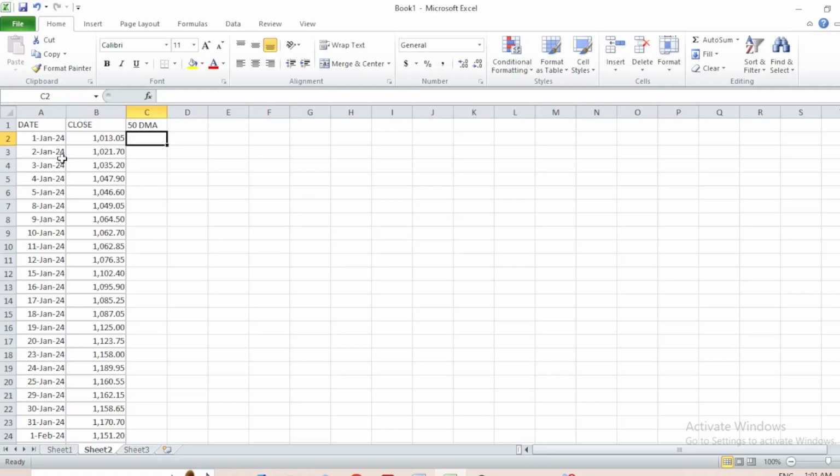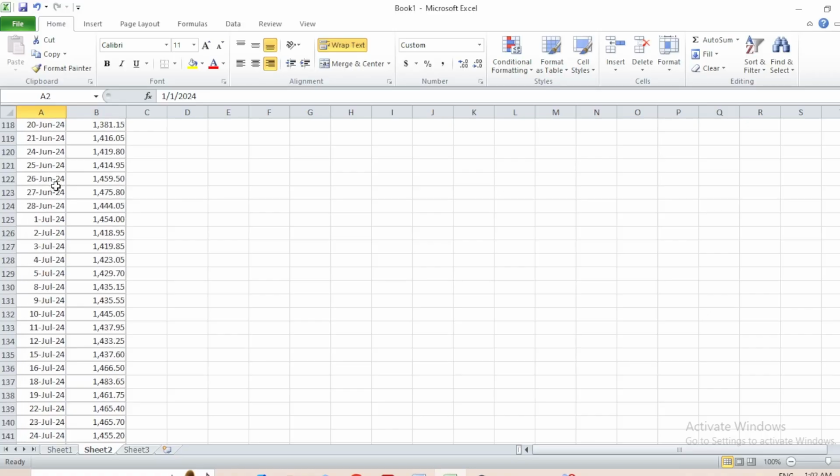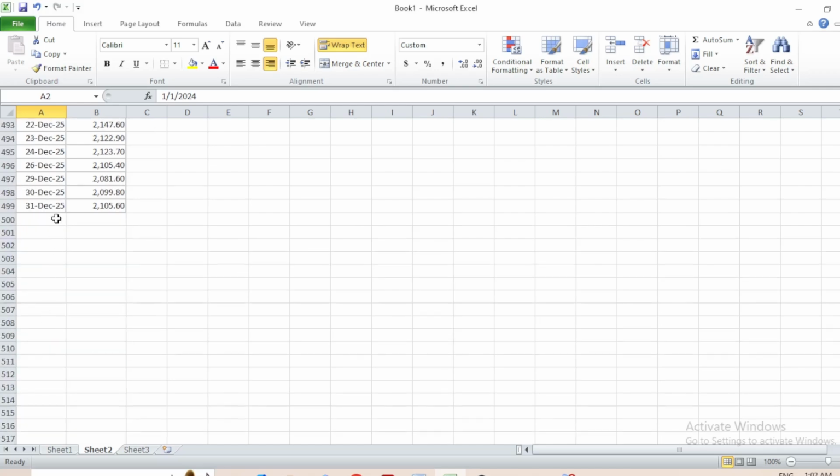So what we will do is calculate the 50 days moving average. In this case, the closing price of a particular stock for various days, for the period 1st January 2024 up to 31st December 2025, is being given.